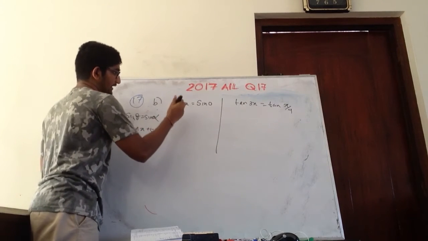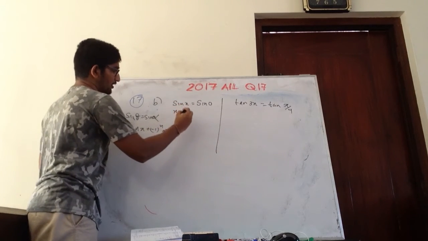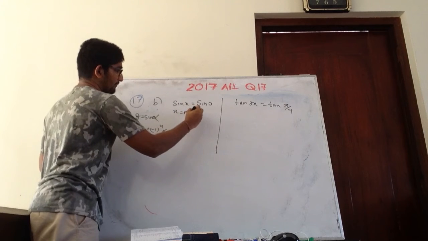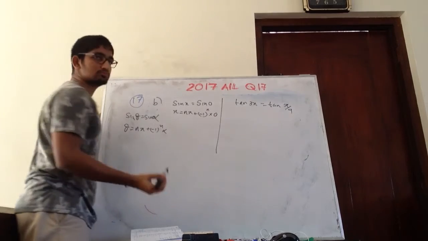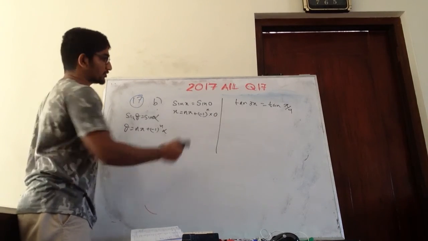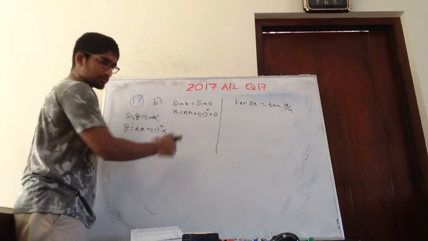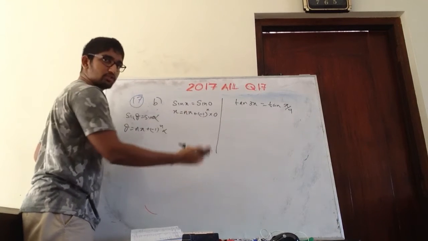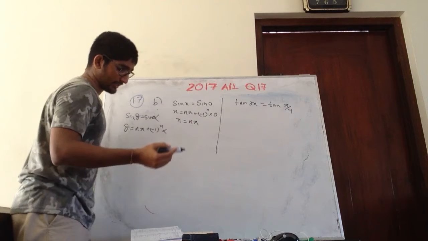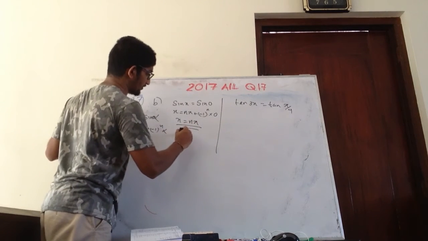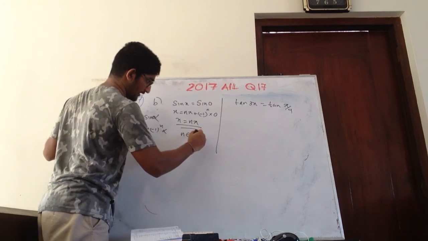Here the theta is x. So x will be equal to n pi plus minus 1 to the power n into 0. Something into 0 is anyway 0, so x equals n pi is one of the solutions, where n is an integer.